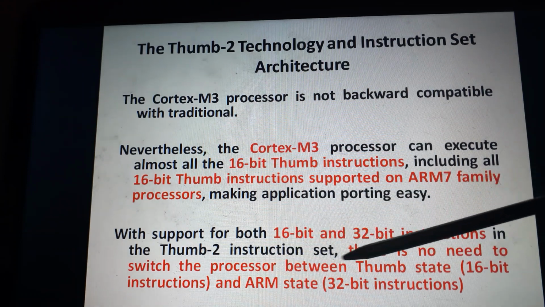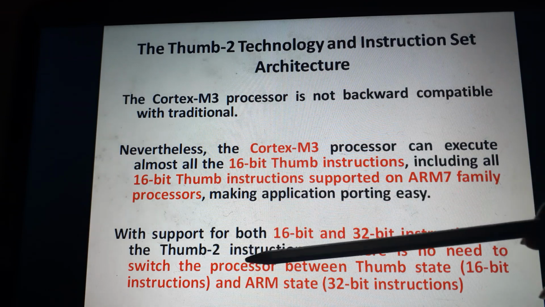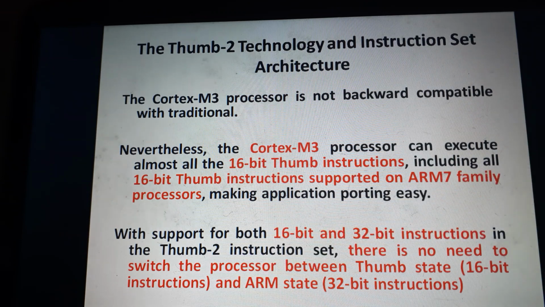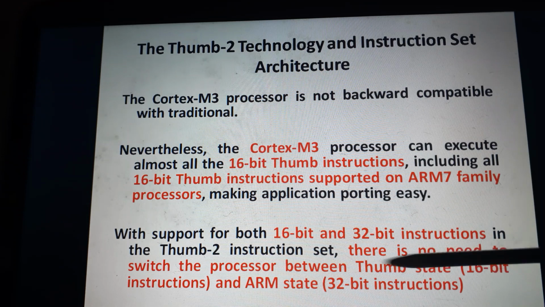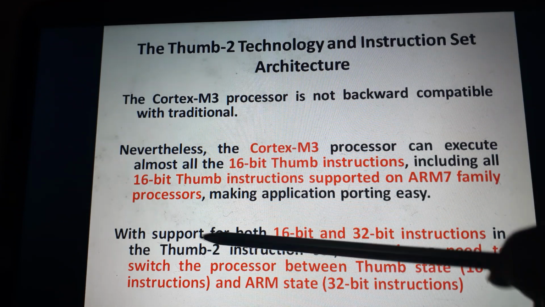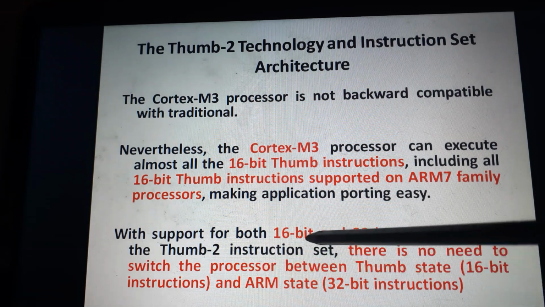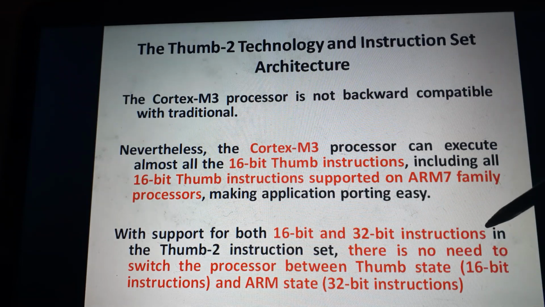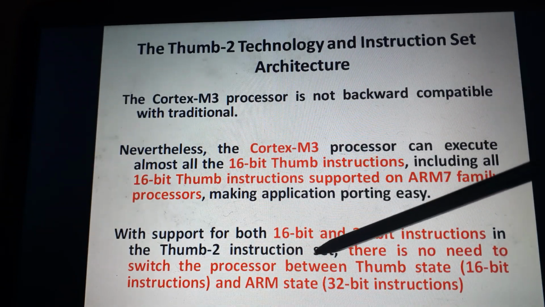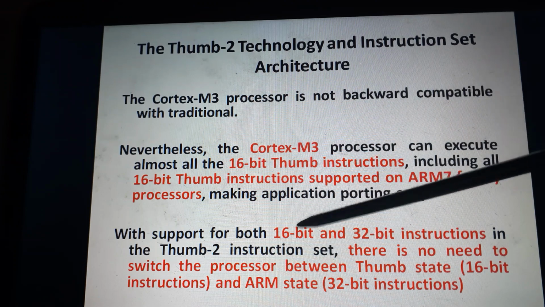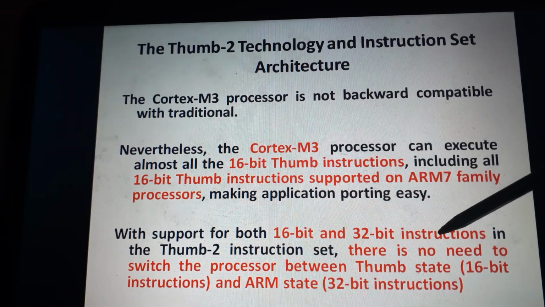There is support for both 16-bit and 32-bit instructions in the Thumb-2 instruction set. There is no need to switch the processor between Thumb state and ARM state. This is very important. Right now, the Thumb-2 instruction set consists of 16-bit as well as 32-bit instructions.